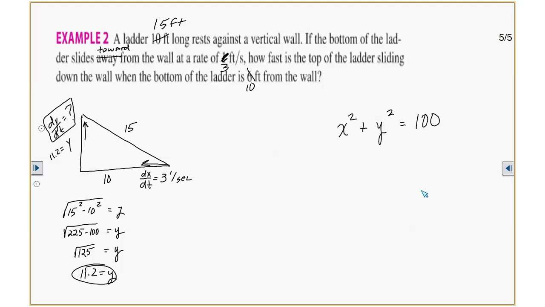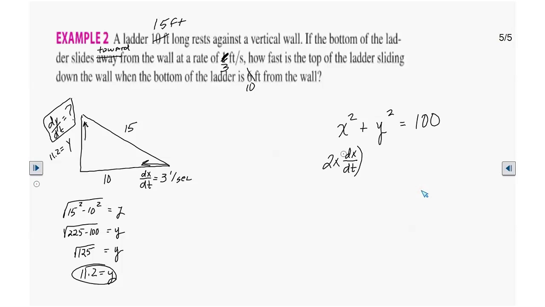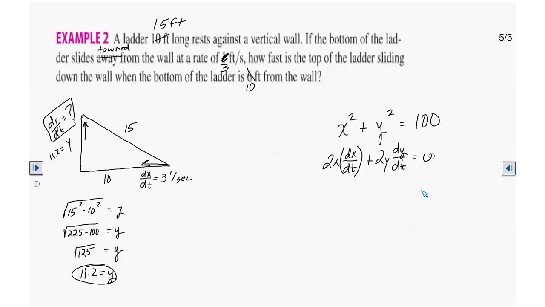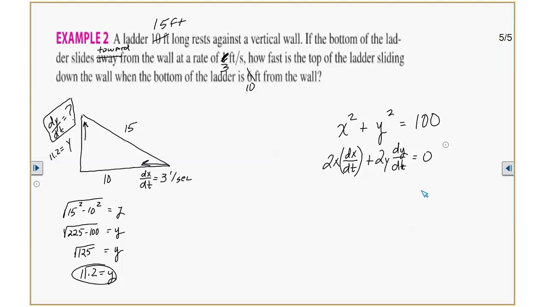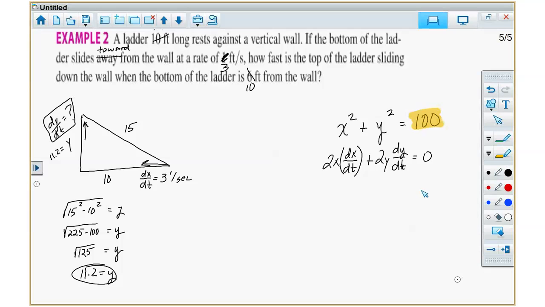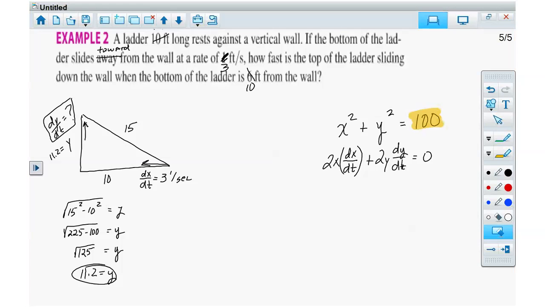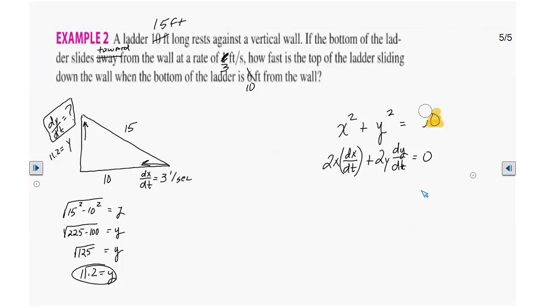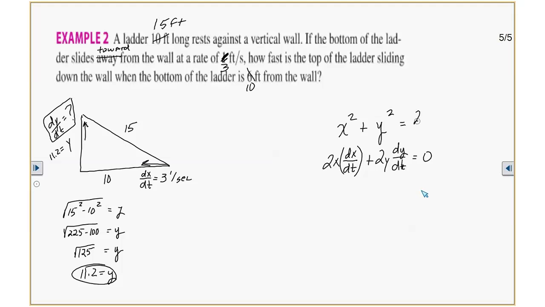So go over here and take your derivative with respect to t. So that would be 2x dx/dt plus 2y dy/dt is equal to the derivative of 225, which is 0.